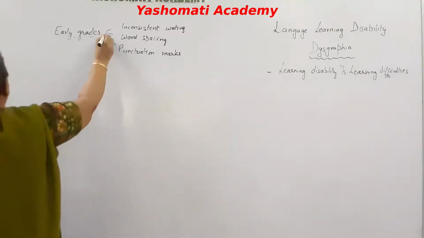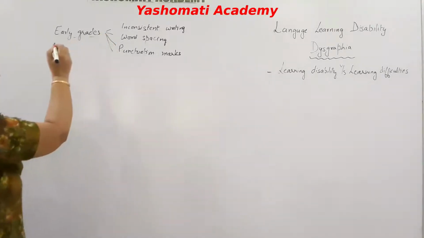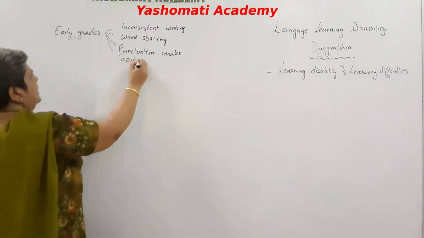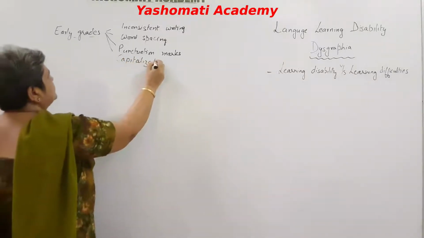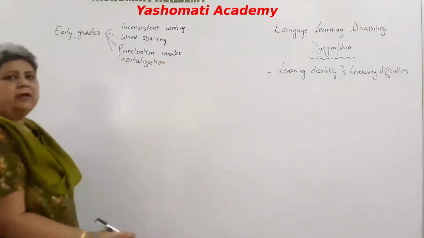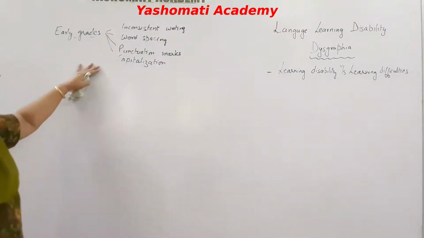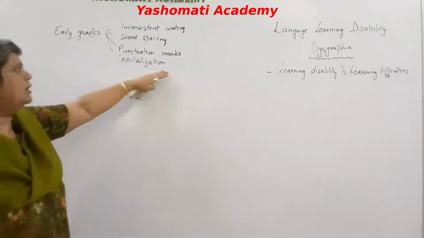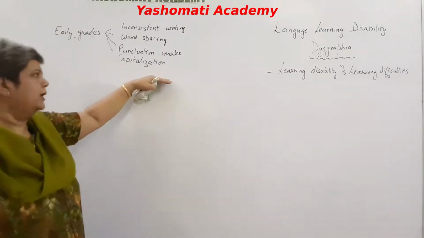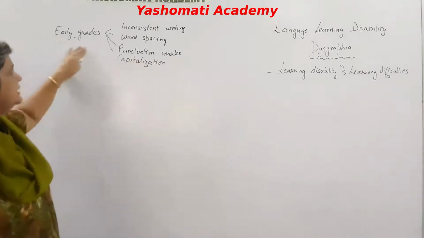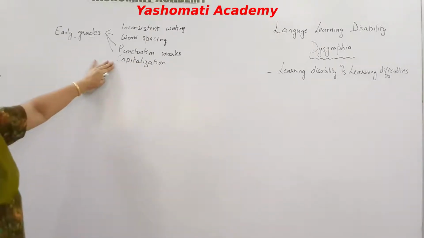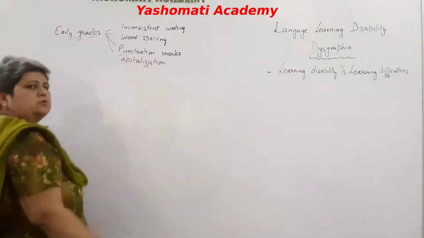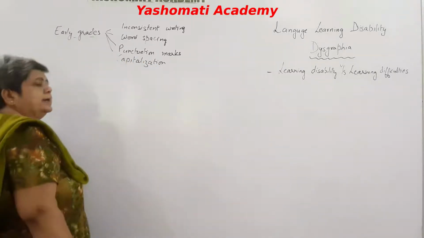And we are also able to see that in this case they may be making a lot of capitalization errors. In the English language, the first letter of the sentence is written capital, whereas all other letters are small. Whereas in the sample written by a dysgraphia student, we see that sometimes in between the word also capital letters are written.